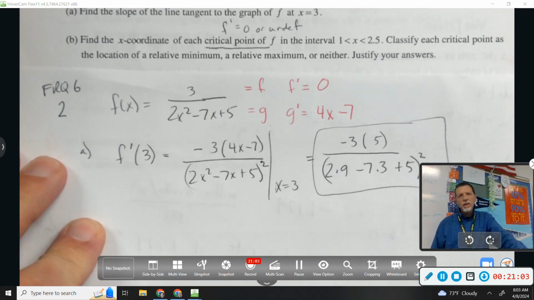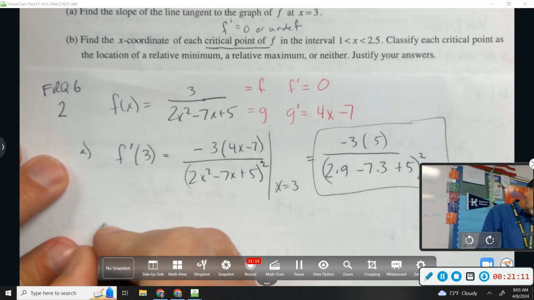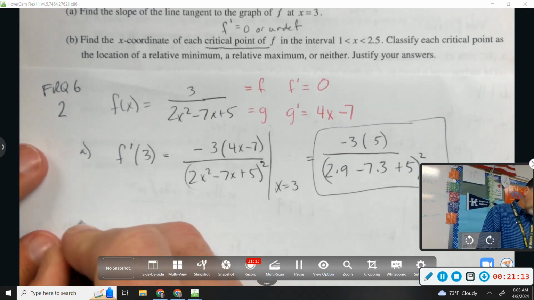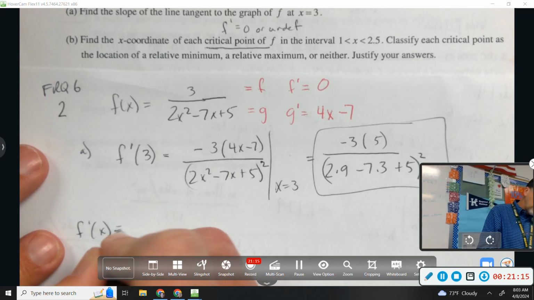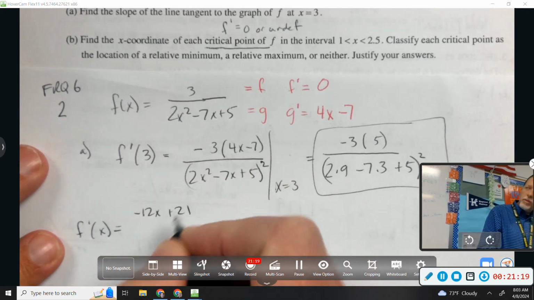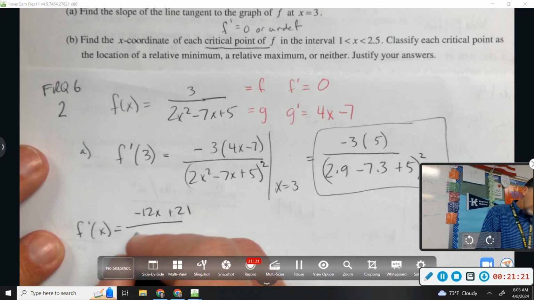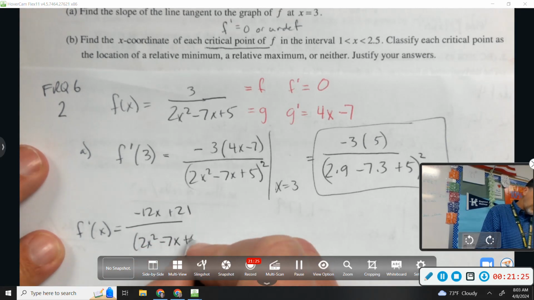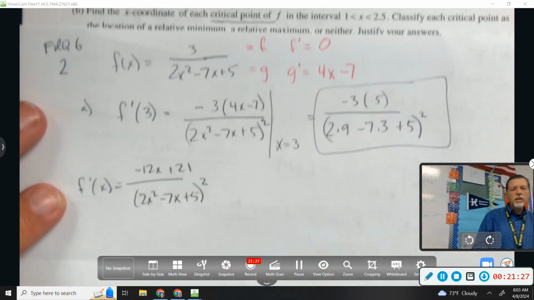So that's going to be number line, put the points on there, test the intervals, look for increasing, decreasing. But I've already got my derivative, so that makes life a little easier. So negative 12x plus 21 over 2x squared minus 7x plus 5 squared.